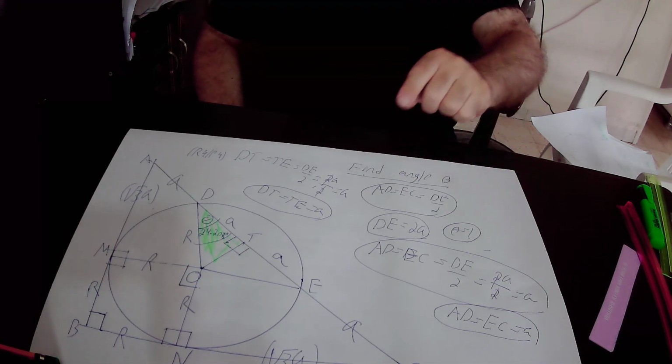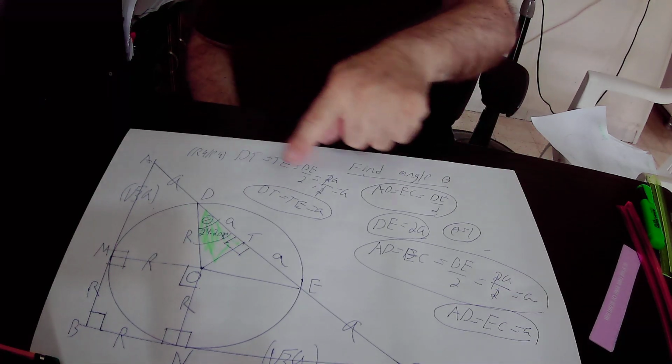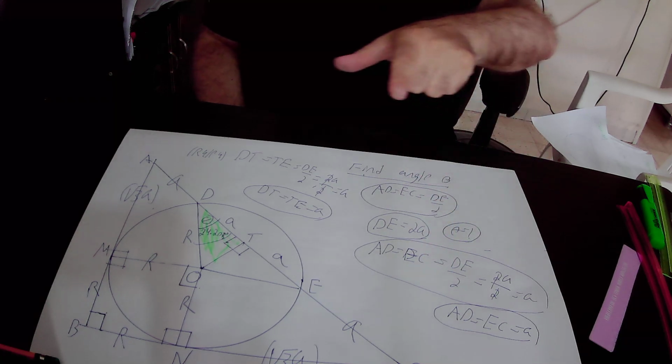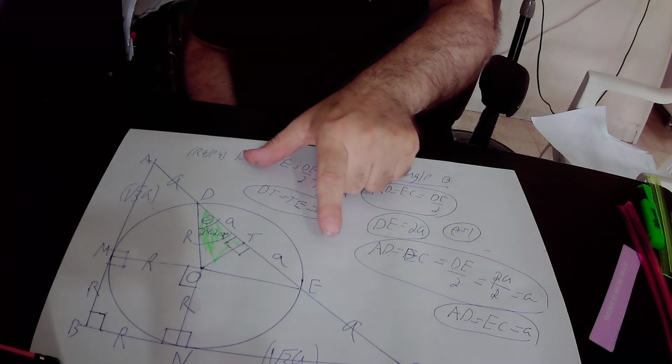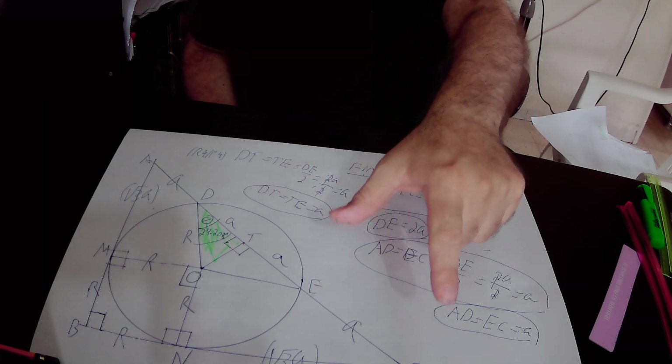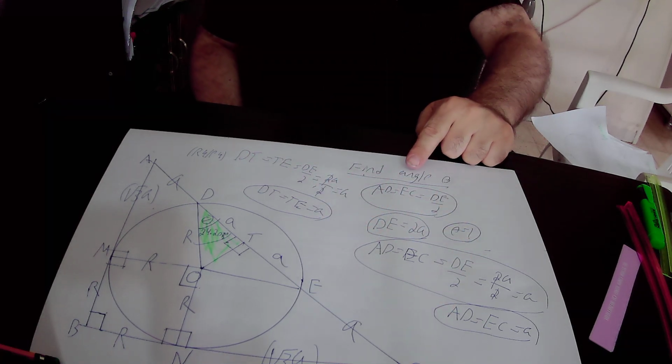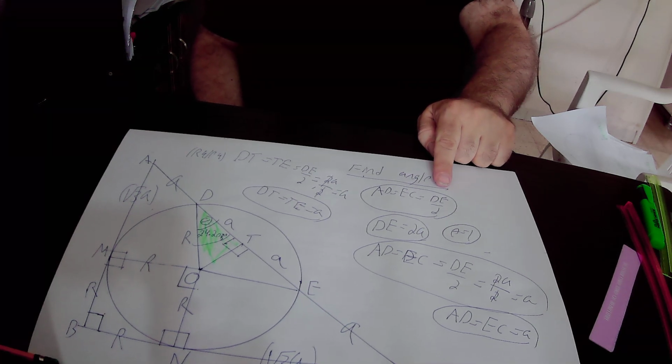Okay, it is given in the question that AD equals EC, and DE is twice as long as AD, and DE is also twice as long as EC. So we know that AD equals EC equals DE over 2.